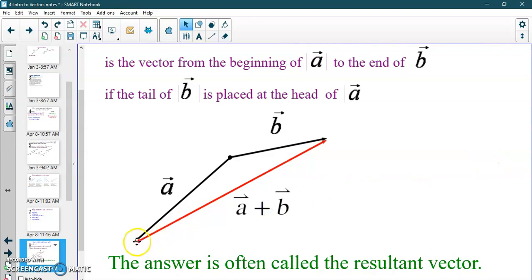So this vector in this direction from the tail of vector A to the head of vector B is going to be vector A plus B. So now we have a new angle with this vector and a new magnitude. We can't just simply take magnitude or direction from A and B and combine them. It gives us a completely new vector.